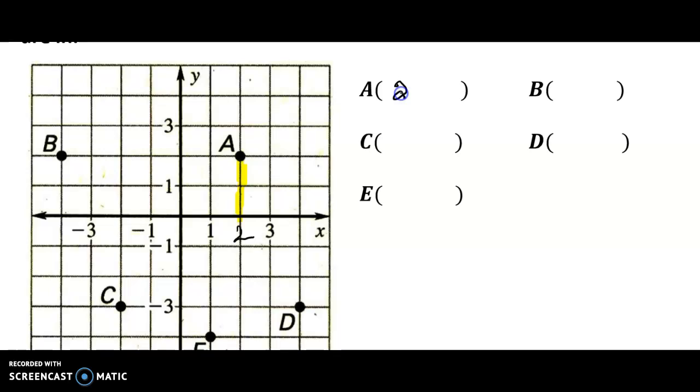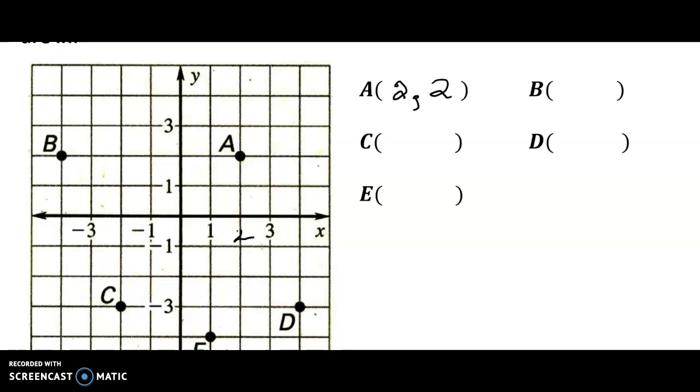So the first half of our coordinate for A is 2. It also has a location with respect to the y-axis. So looking at where it is with respect to the y, we see that it also has a value of 2. So that's going to be our y component for our coordinates for point A. Okay, so point A has coordinates or an ordered pair of 2, 2.